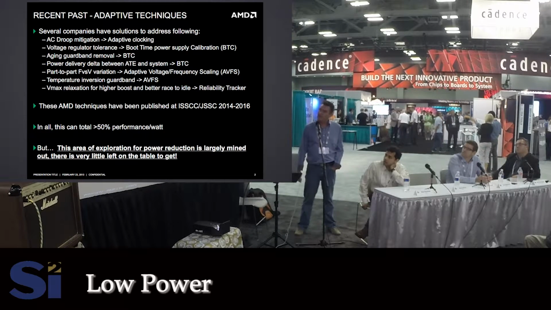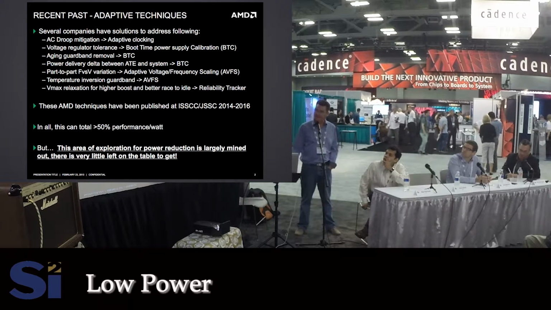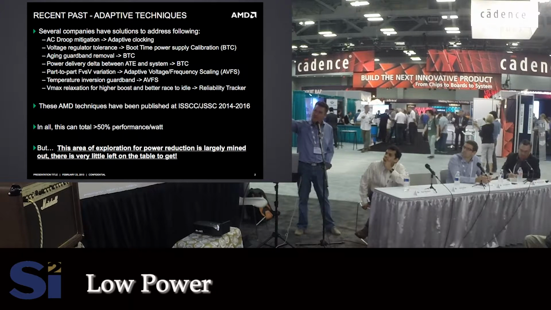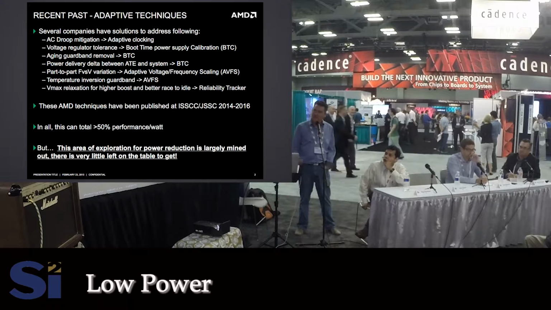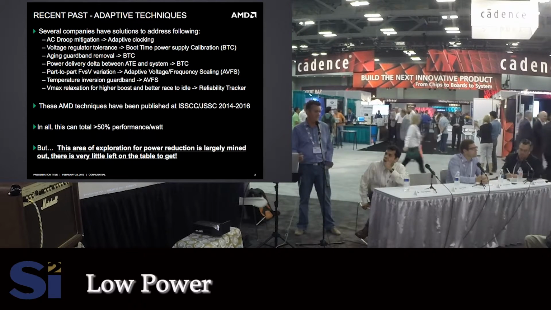We haven't been there. The next is voltage regulator tolerance guard band reduction, and again, several people have published in this area, including AMD. I presented again this year, 2016 ISSCC, which is really a method for removing aging guard band, so that we can track the aging of the devices at boot time.